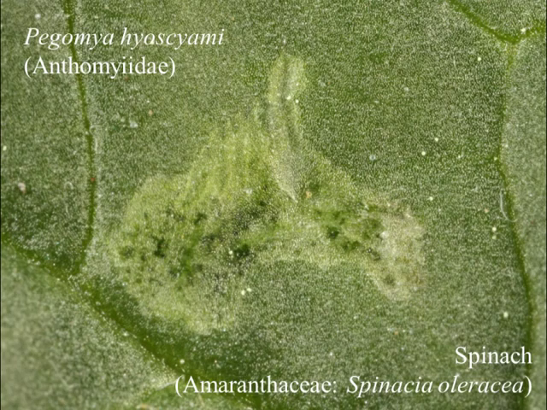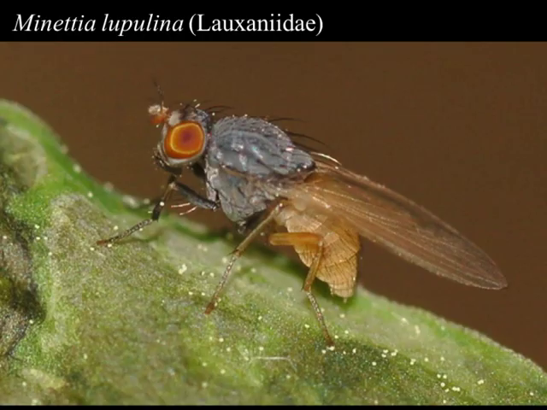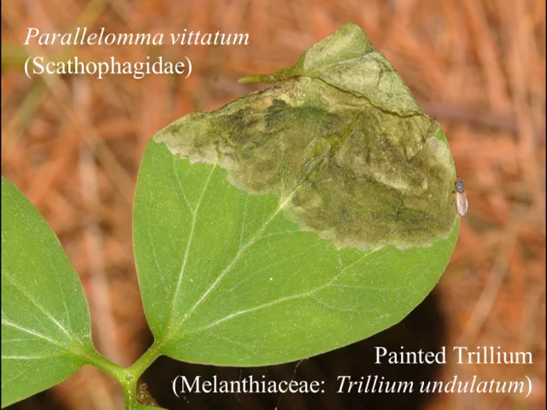And then just a few days later, I found this other Minettia species clinging equally tenaciously to a scathophagid leaf mine on a trillium leaf. And I started to wonder, do these sometimes lay eggs in occupied mines of other flies and develop inside those?